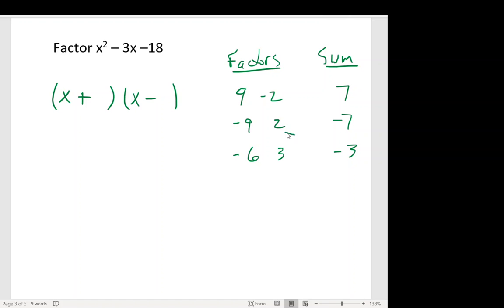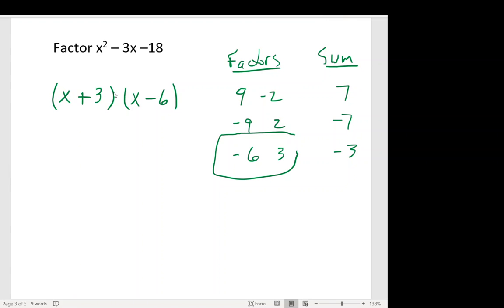So here's what we need. We need the minus 6, so the 6 has to go with minus 6. The 3 is positive, so that makes a positive 3, and that should be your factorization. And then quickly you can check it.